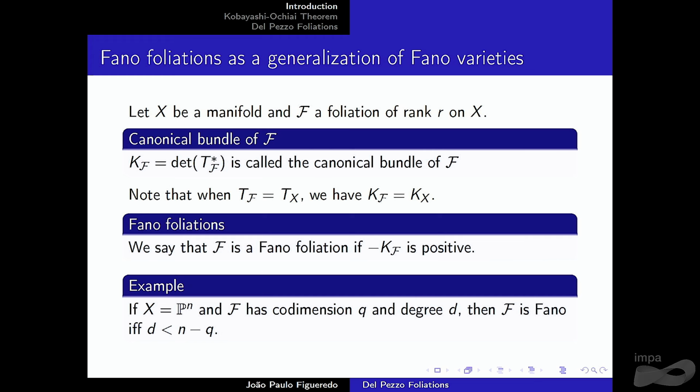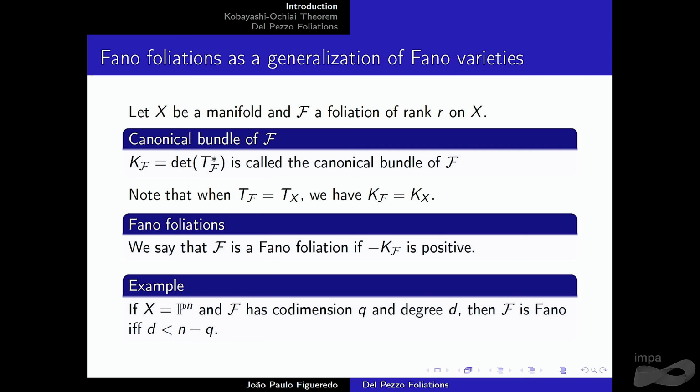For instance, if you take X to be the projective space and F a foliation of codimension q and degree d, then you can easily compute its canonical bundle, and you can show that F is Fano if and only if the degree is less than n minus q.